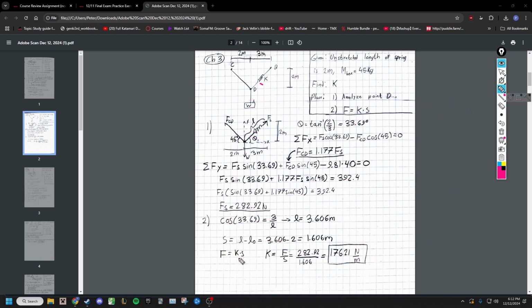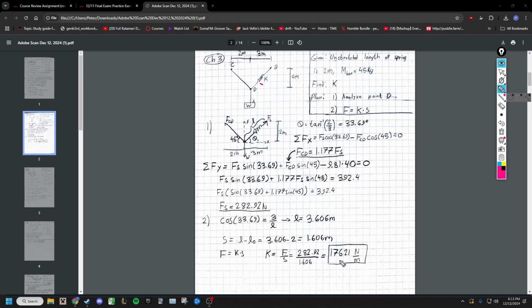Then we use Hooke's law to know that the force of a spring is equal to the spring constant times the length that it's stretched by. And we just do some simple rearranging, and we find that the spring constant is 176.21 newtons per meter.